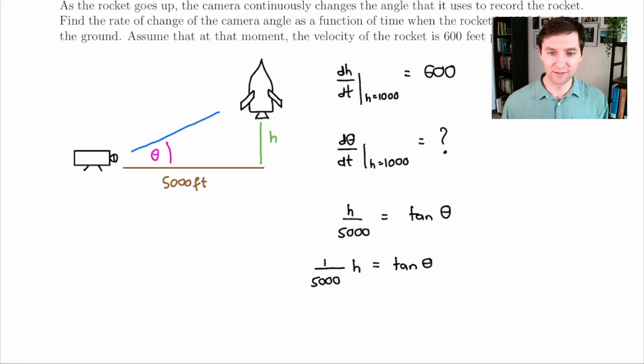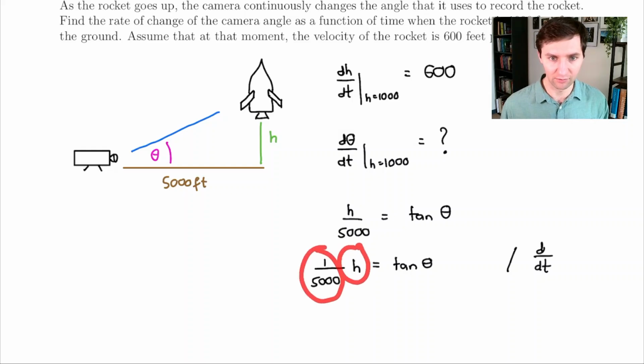I rewrote it this way so that it's easier for me now to introduce derivatives. I will take the derivative on both sides of this equation with respect to time. On the left side, I have a number times a function. Remember, h changes over time.